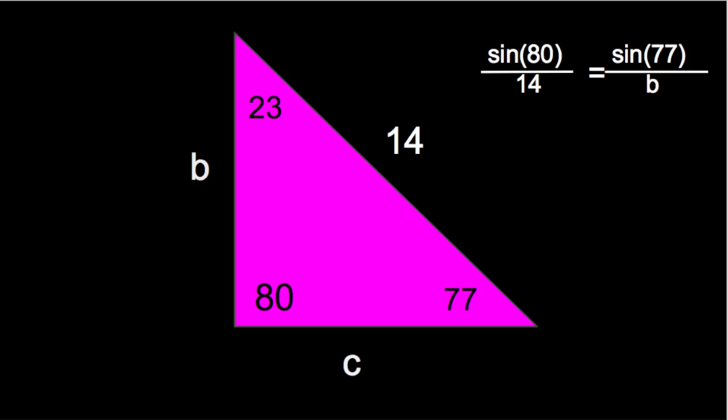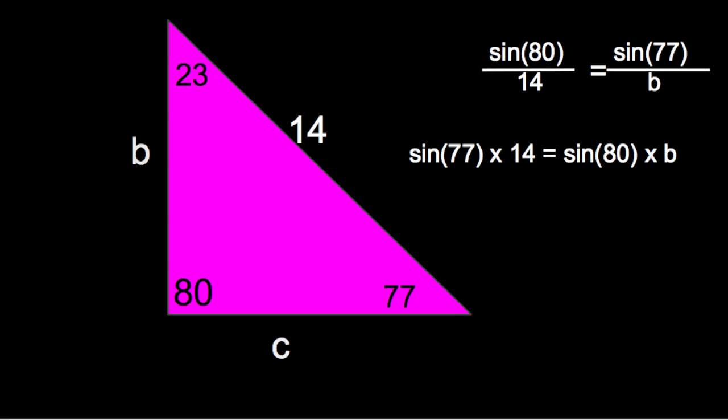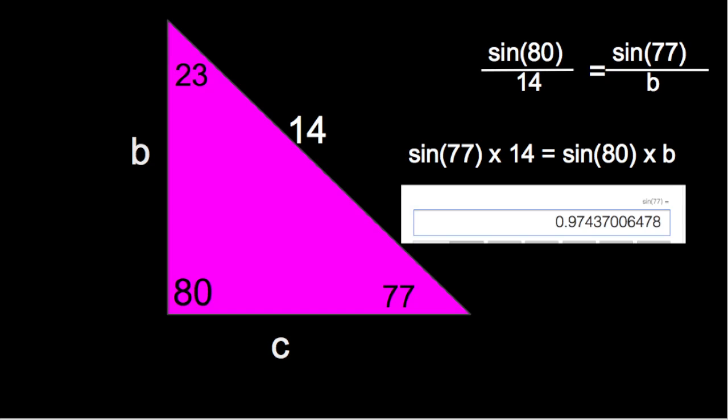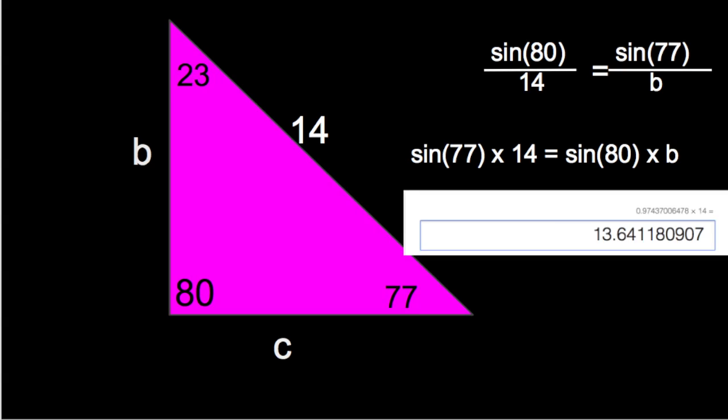Again with this problem, now we can set up the sine of angle A over side length A equals the sine of angle B over side length B, just like we did in the last one. After that, we get the sine of 77 times 14 equals the sine of 80 times B. Then insert the sine of 77 into your calculator and you get 0.97. Next, try that times 14 and see if you get 13.64, just as you should.